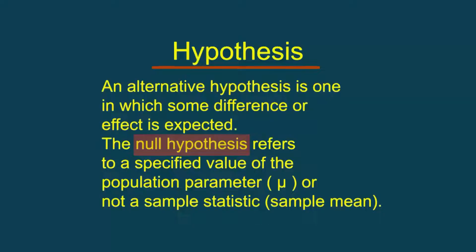So the null hypothesis refers to a population parameter, and the sample statistic is collected, and we want to claim whether the sample statistic is a true reflection of the population parameter or not. That is how we can classify the two types of hypothesis, null and alternative.